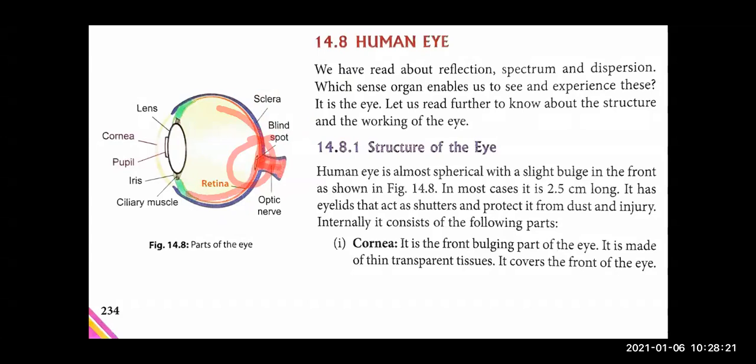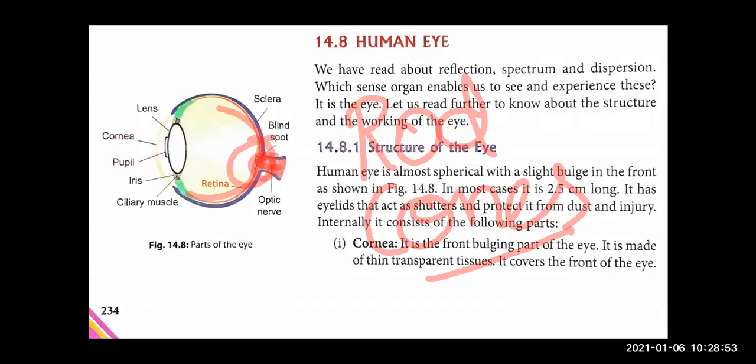On this area, there are no rod cells and no cone cells. We know rod cells and cone cells are the light sensitive cells which are present on the retina. But on this blind spot, there are no rod cells, no cone cells. And this is the area from where the optic nerve is going to enter the eyeball.